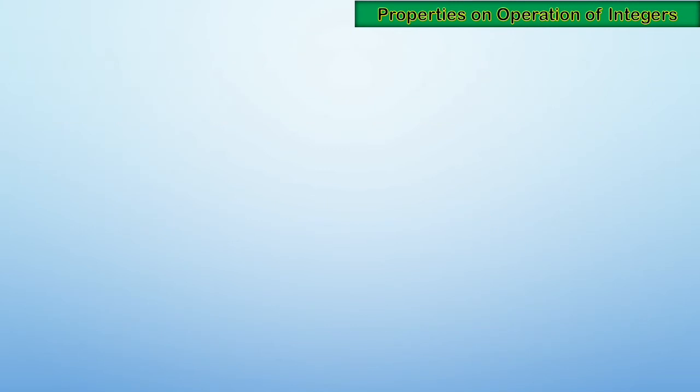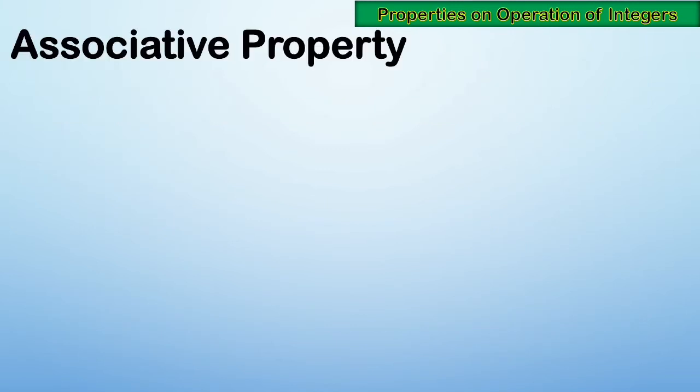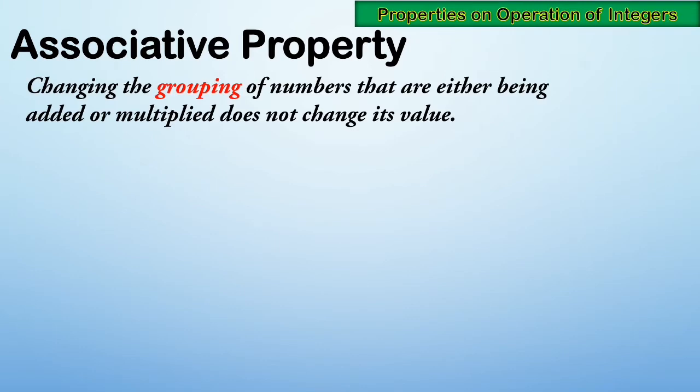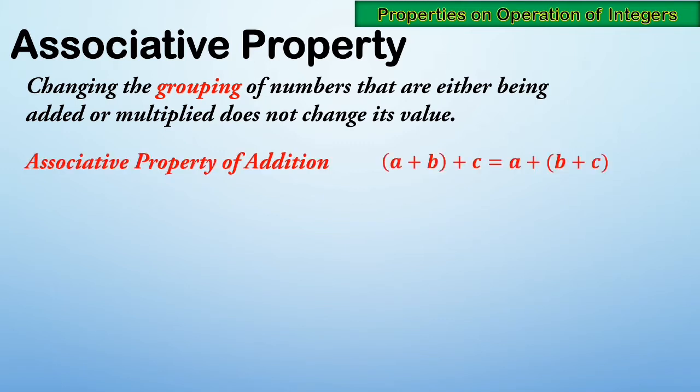Okay? Pangatlo, associative property. Associative property, changing the grouping of numbers that are either being added or multiplied does not change its value. Okay, associative property of addition. Let's have this. A plus B plus C, ang nakagrupo ay si A at saka si B. Yan.